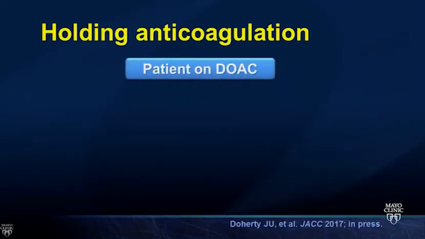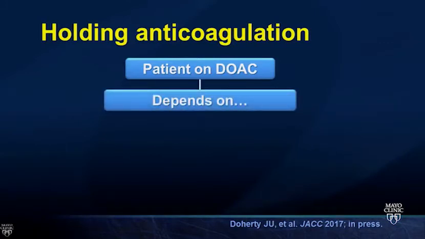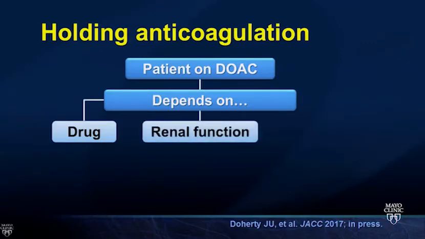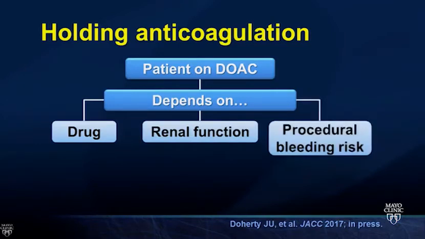If the patient is on a direct oral anticoagulant, then it becomes a little bit more complicated. There are 3 factors that will dictate when you stop their direct oral anticoagulant. First of all, what specific DOAC are we talking about? Because they all are metabolized slightly differently. Number 2, what is the patient's renal function? And number 3, what is the bleeding risk of the procedure?